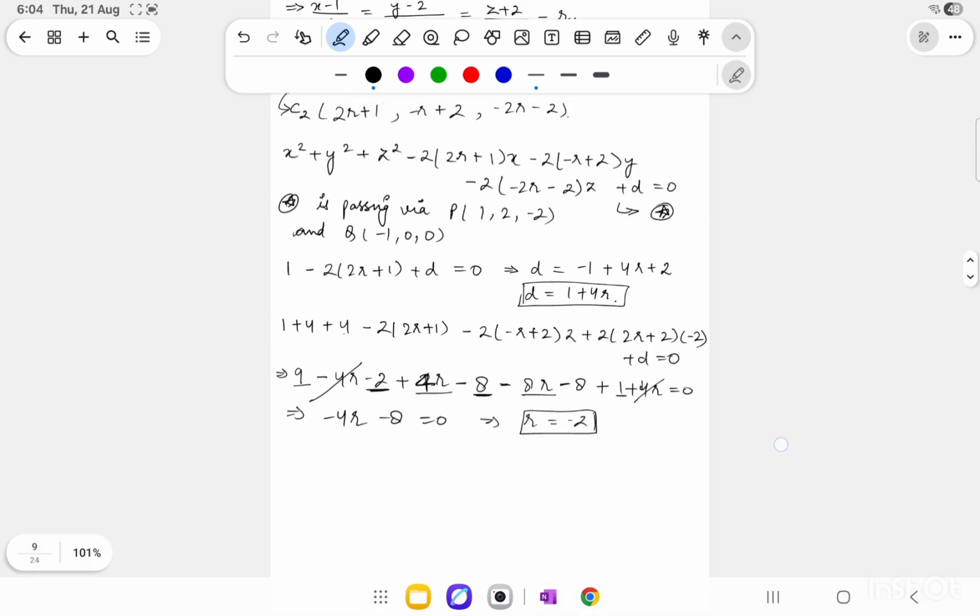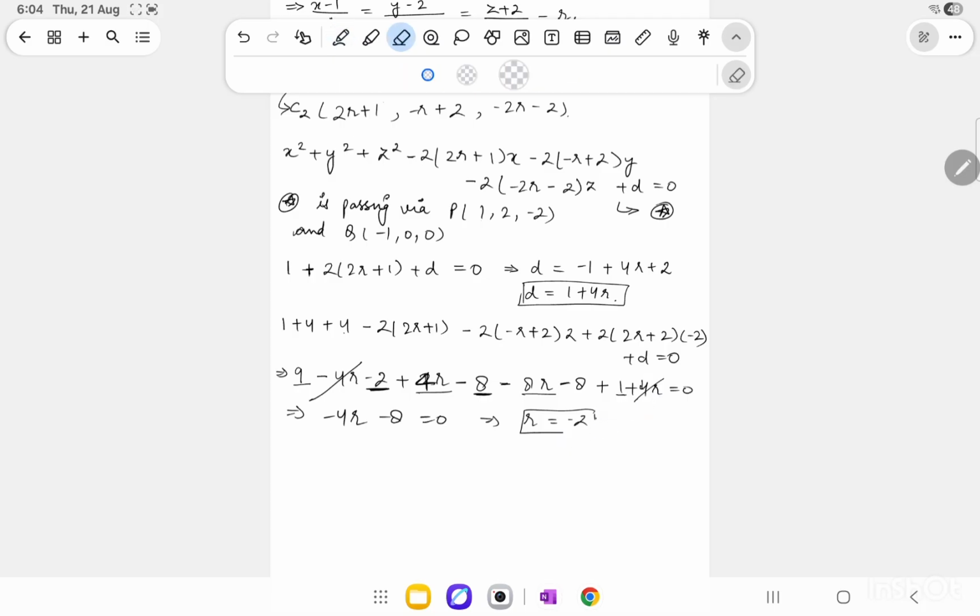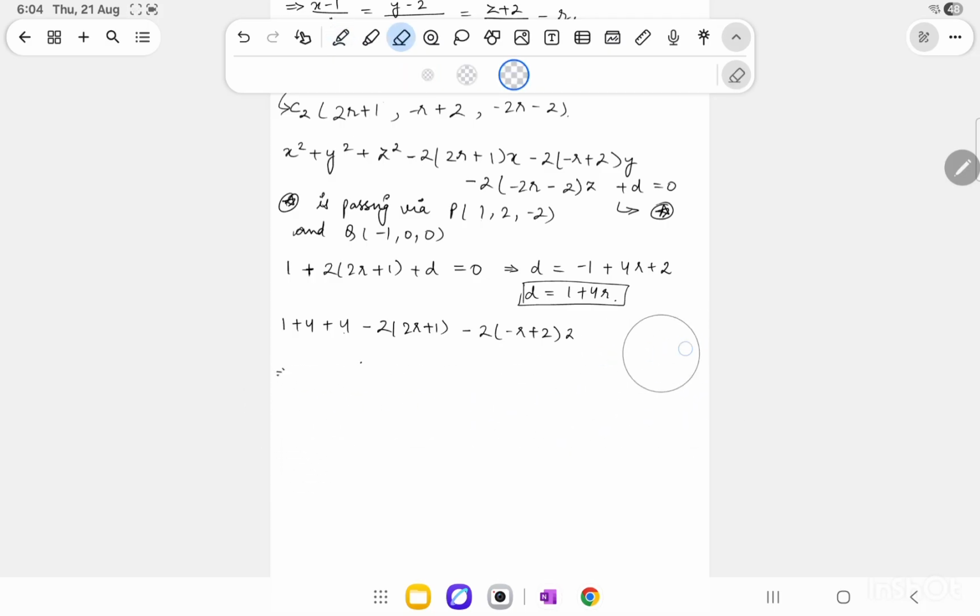I guess I have done something wrong. Here my x is basically minus 1, so it will be positive. Yeah, we have done some calculation mistake.